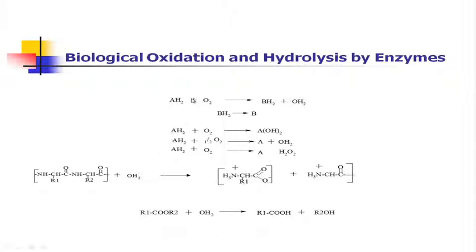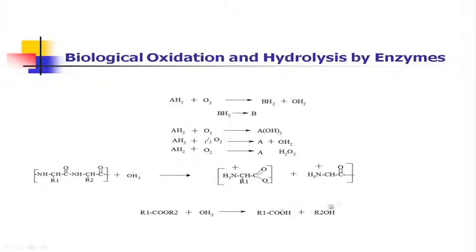And biological oxidation and hydrolysis by enzymes, this shows a scheme of reaction, that is basically an oxidation process. This oxidation reaction is catalyzed by the presence of enzymes, and it ultimately produces acids and alcohols if the polymer is a polyester.